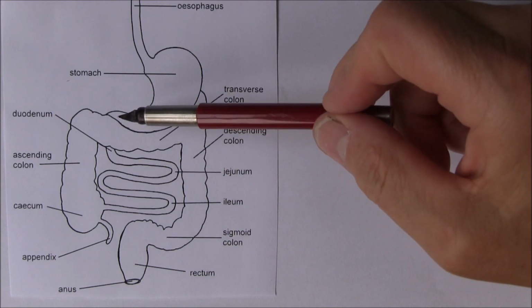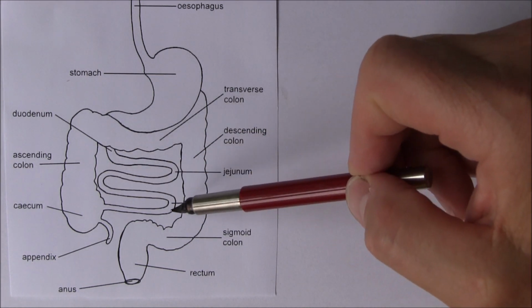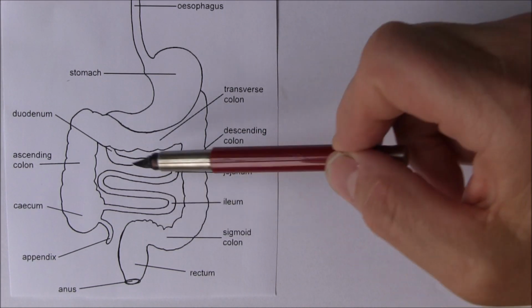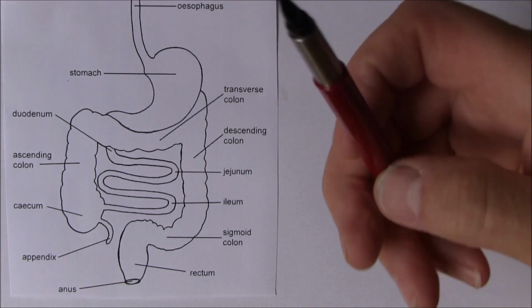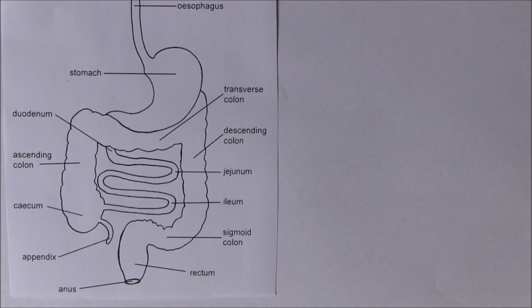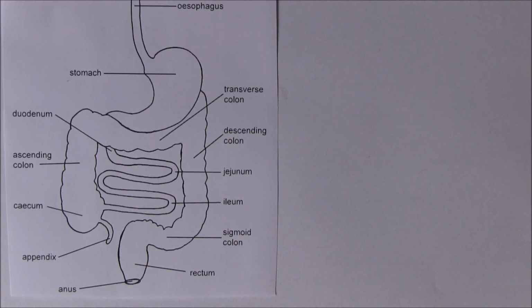But the 5 metre average is the length of the small intestine as measured during surgical procedures when the patient is alive, because at death the smooth muscle in the small intestine will relax and the small intestine becomes longer if we measure it on the bench. But in all probability your small intestine is about 5 metres in length.